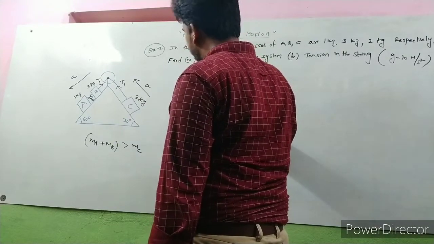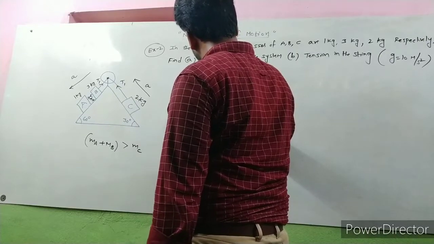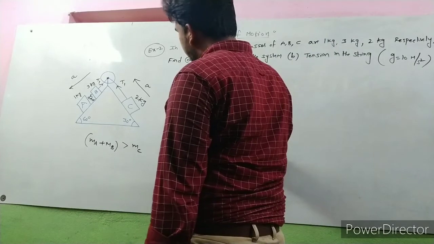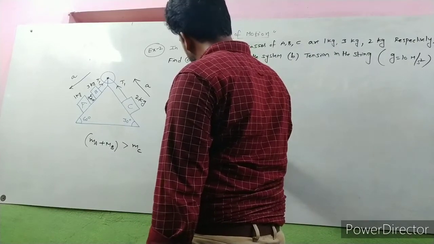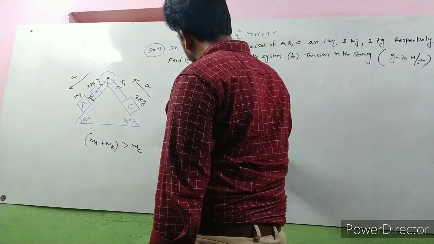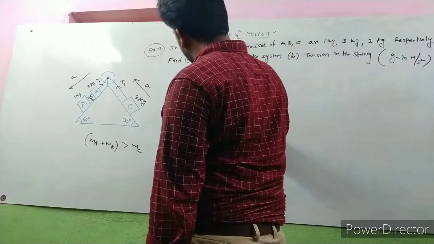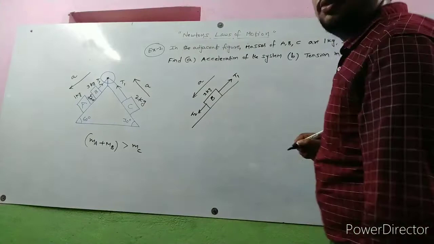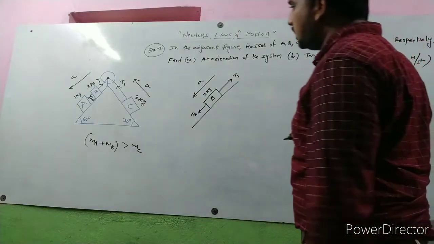Block B mass is 3 kg. Here we have tension in this direction, T2. Here acceleration is downwards.